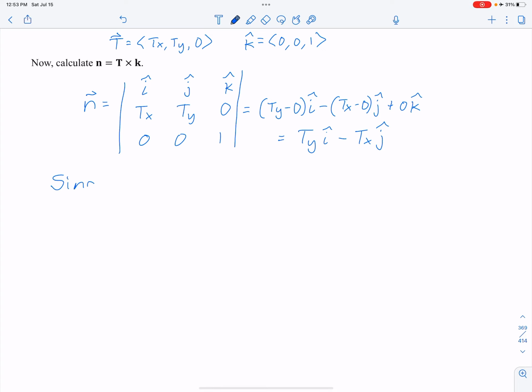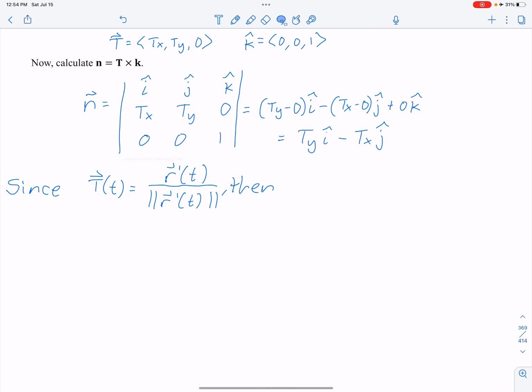Since our tangent unit vector t is defined the way it is, let's define it: r prime of t divided by the magnitude of r prime of t. Sorry for my handwriting, I'm noticing it's looking pretty bad, so I'll try to clean that up a little.